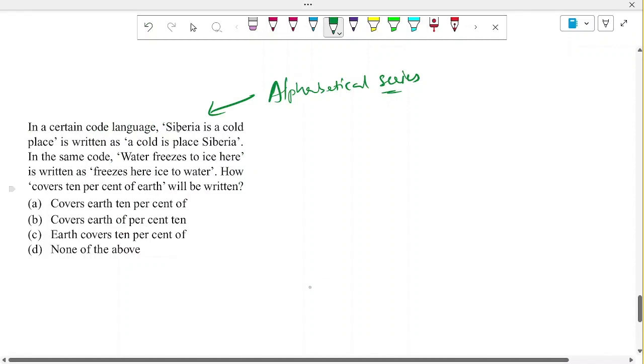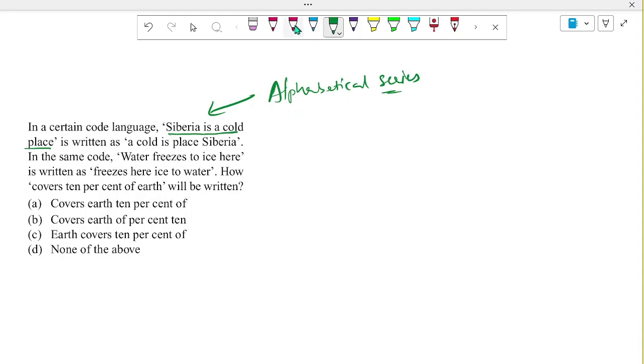So you check here, Siberia is a cold place, and if you look at the way it is written, A cold is place Siberia. You can observe this S, I, A, the first letters of each word, and this is going to be arranged in alphabetical series.